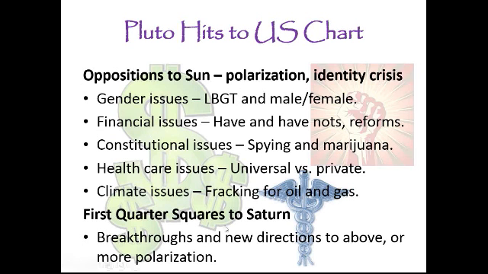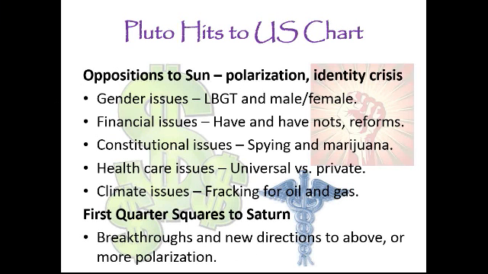Now, these first quarter squares to Saturn, all of these issues and more, there need to be breakthroughs. First quarter square, new directions. Relative to that Saturn in Libra, we continue to become more and more polarized yet with regard to haves versus have-nots and fairness for all.